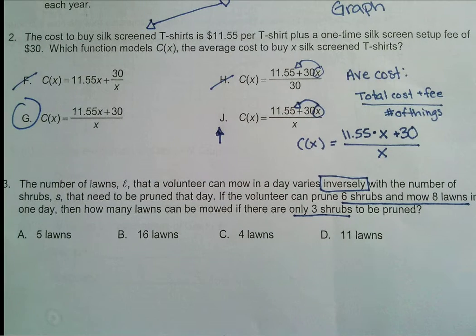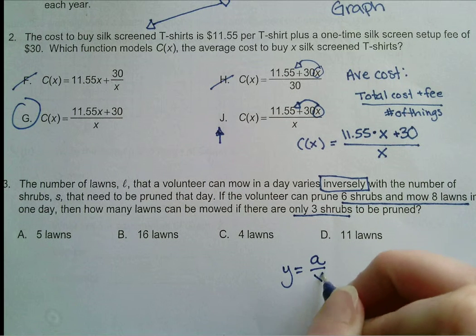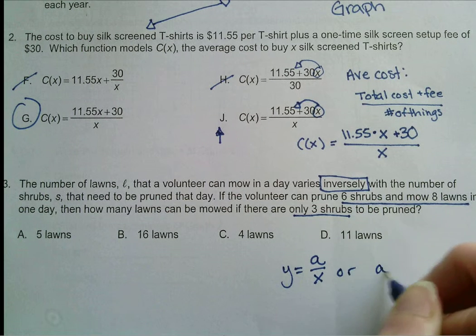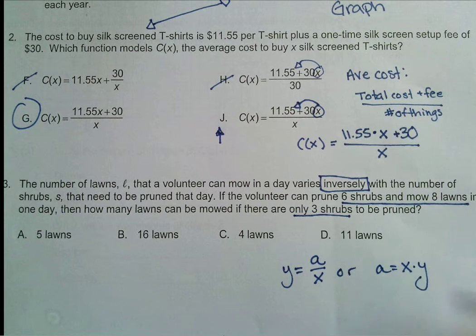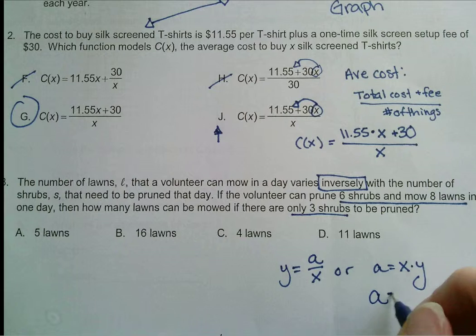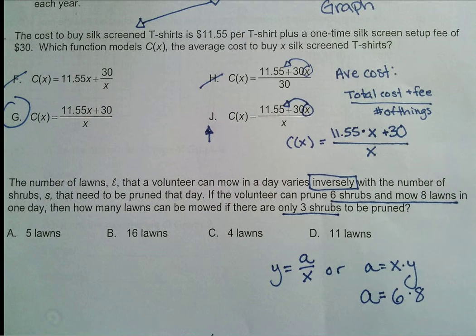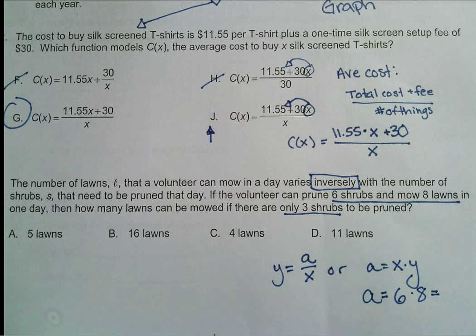So, inversely, always think y equals a over x, or a equals x times y. So what that means is I can find an a value here. A is going to be 6 times 8, so a is 48 here.